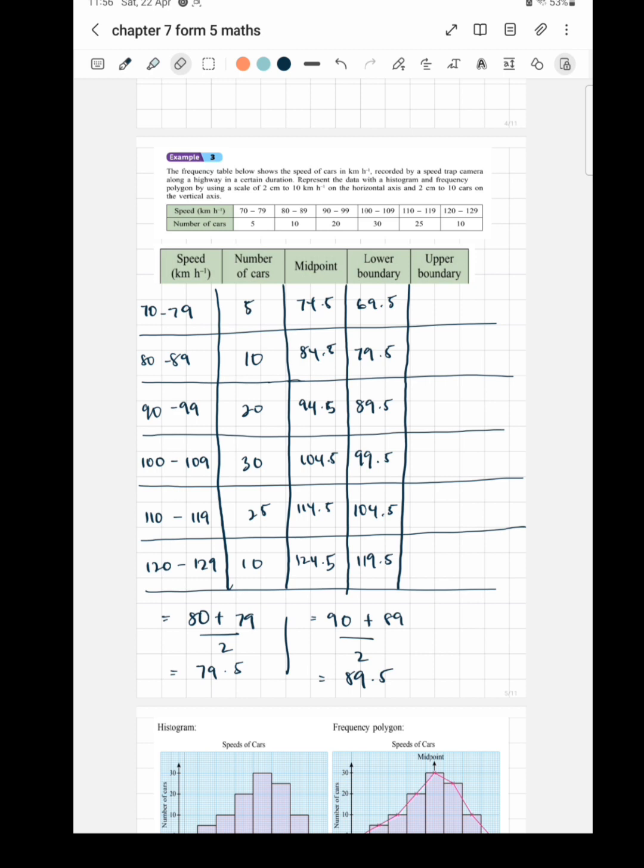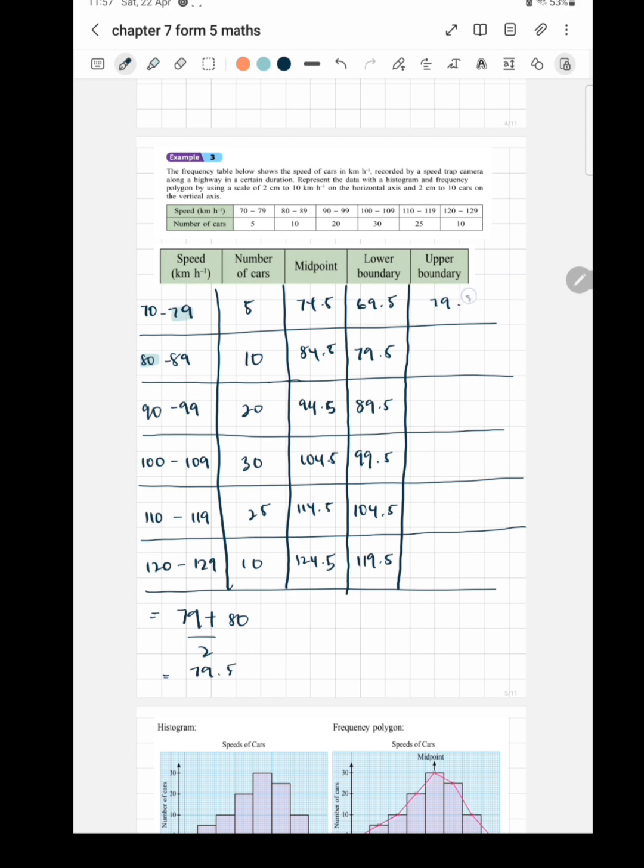So now it's time to find the upper boundary. The same thing as previously we've done. To find the upper boundary, we need to take the upper limit of the first class plus the lower limit of the second class, then divide it by 2. So it should look like this. So we should be getting the answer 79.5.